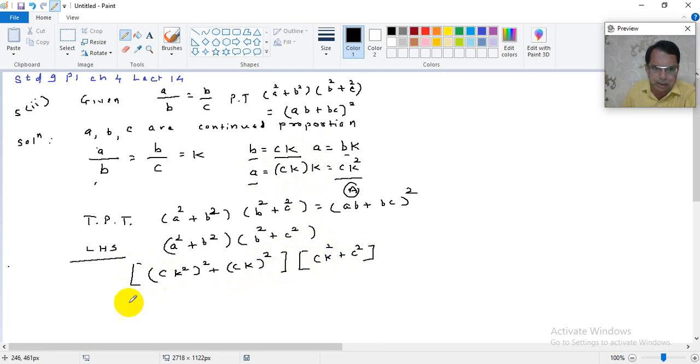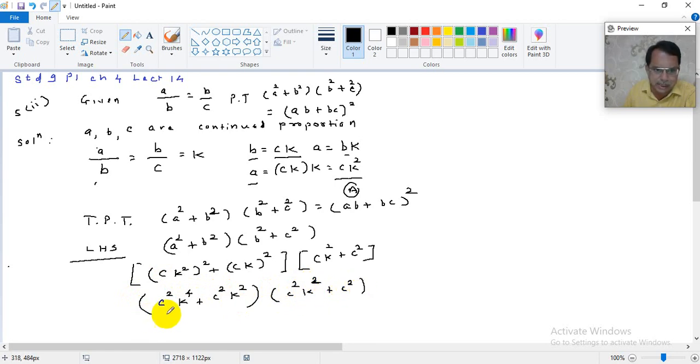Now this is okay. So now what is this? C square K raised to 4, कारण C K square च्या bracket चा square करायचा आहे. So you will square c also and square k square also. So it will become c square k raised to 4 plus c square k square. This is in one bracket. In another bracket it is c square k square plus c square.